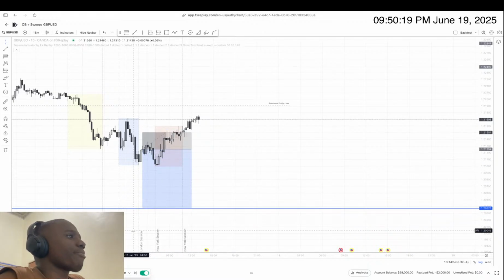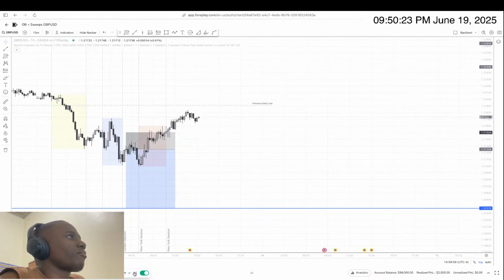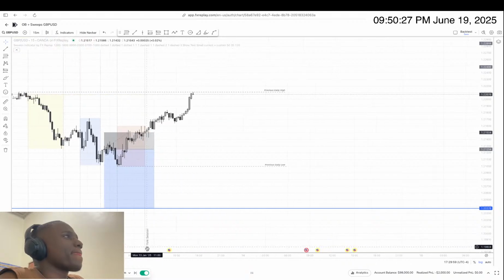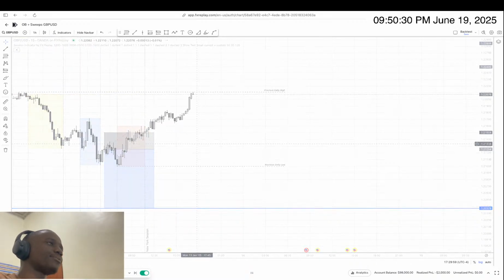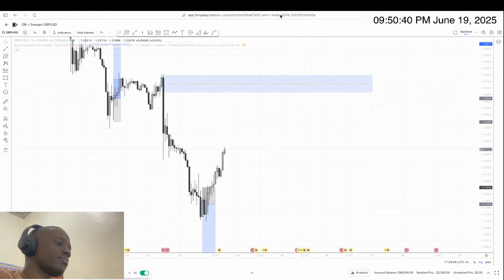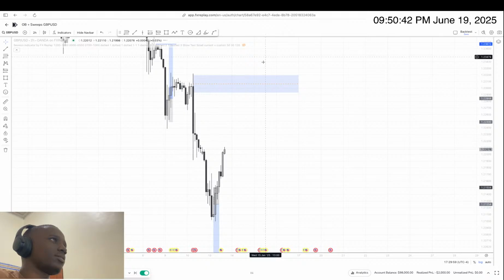New York, why? Anyways, I have a really clean order block here, and I think it won't live without causing a mess. How does it look on the 2 hour?